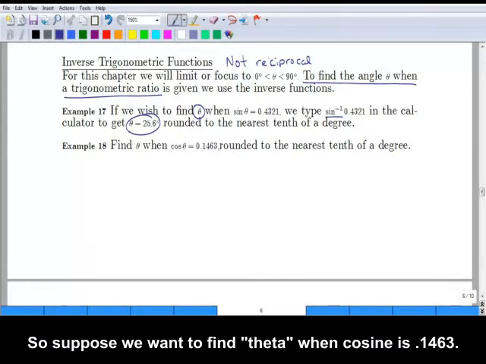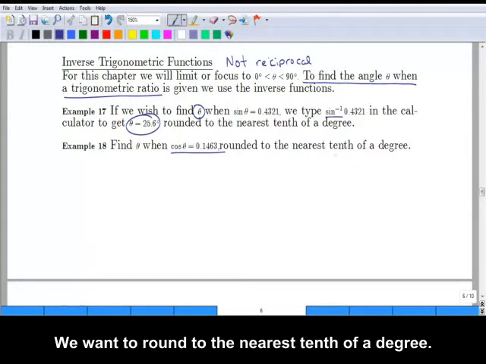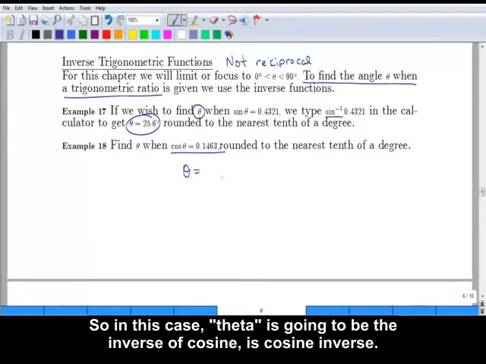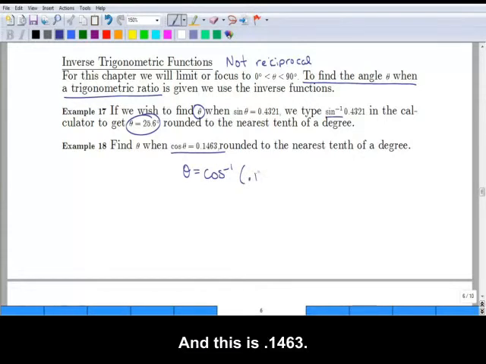So suppose we want to find theta when cosine is 0.1463. We want to round to the nearest tenth of a degree. So in this case, theta is going to be the inverse of cosine, cosine inverse, of 0.1463.